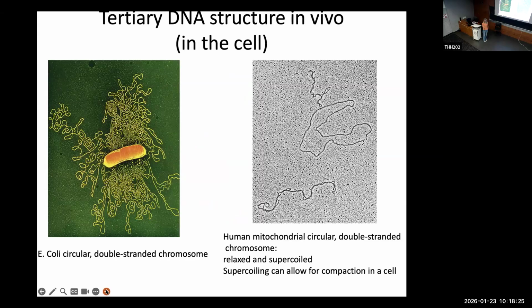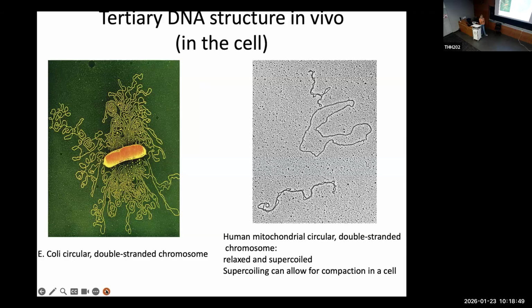And then it's very organized by proteins. If it is circular, so human mitochondrial DNA is circular, E. coli chromosomes are circular. In this case, we can really see that it is relaxed. It's sort of an open circle, but it can also be folded over on itself in this supercoiled structure.